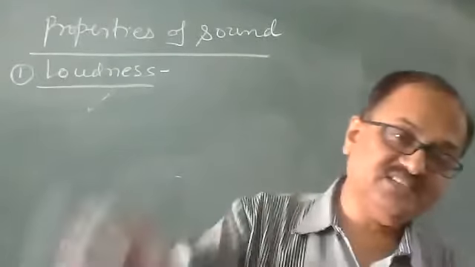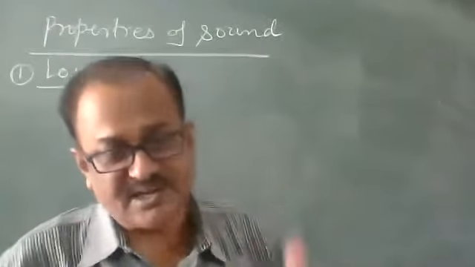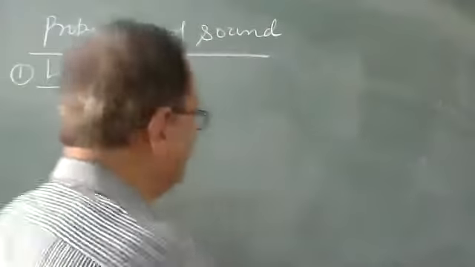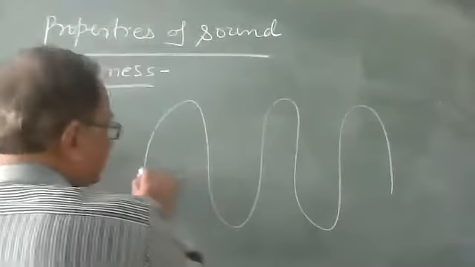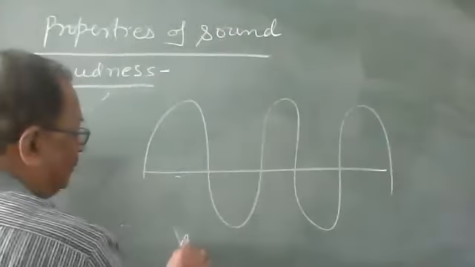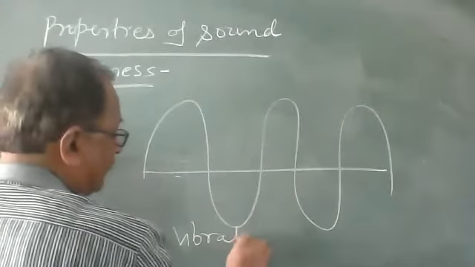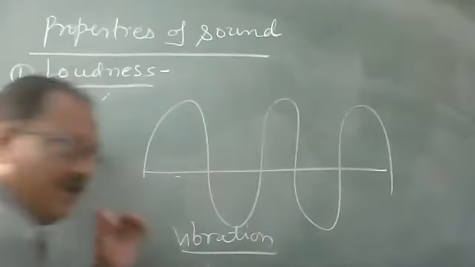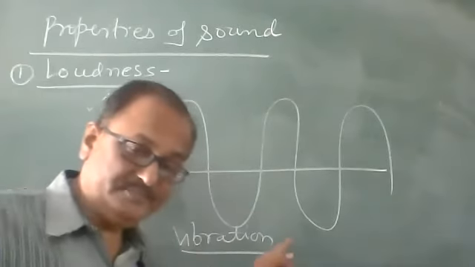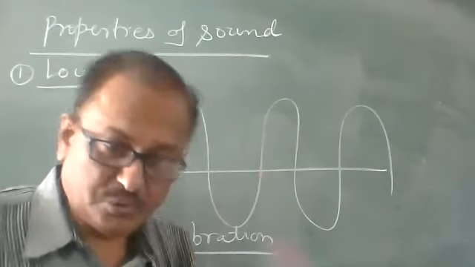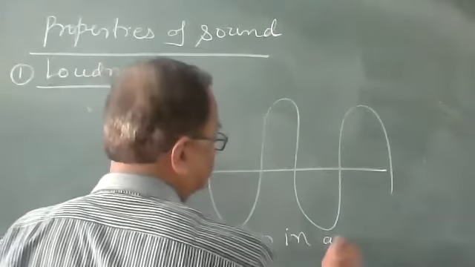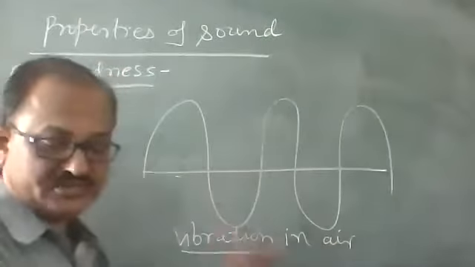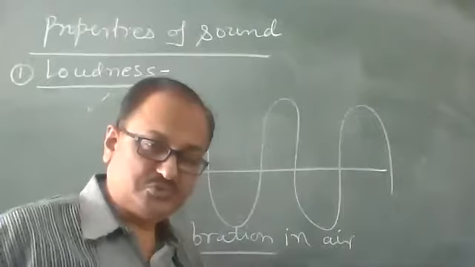And the propagation of sound means sound travels. Traveling of sound, like this. So this is vibration. Due to vibration, vibration is produced in the air. So vibration in air takes place, and so sound travels from one place to another place.